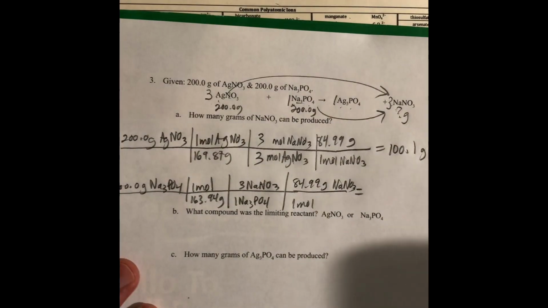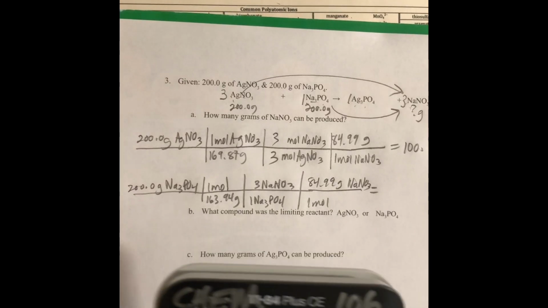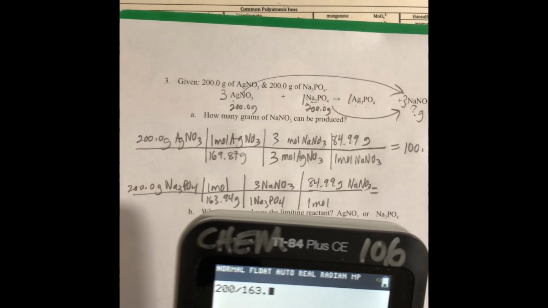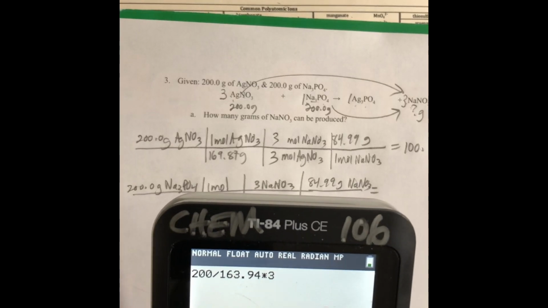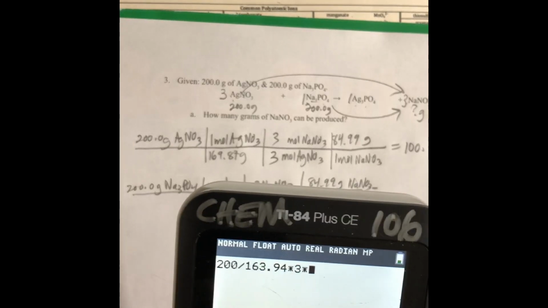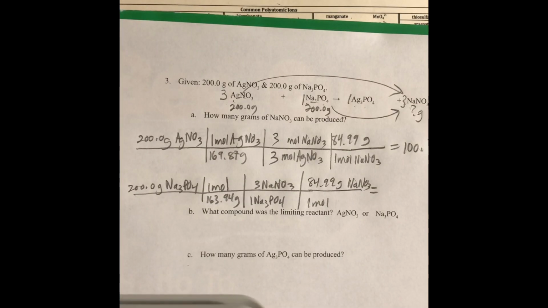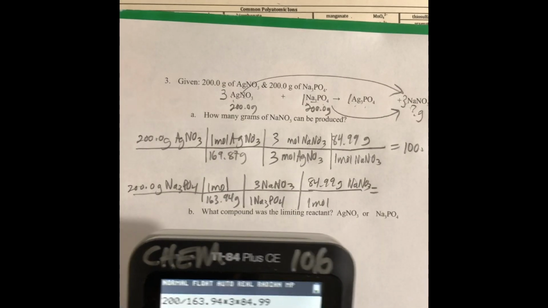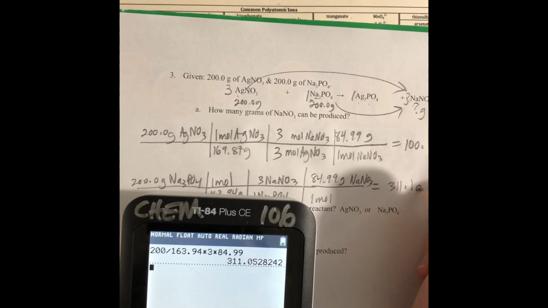Now we'll do a little bit of calculator work. So 200 divided by 163.94 times 3 divided by 1, which I'm ignoring, and then times 84.99. Did I plug that in there right? Looks like 311, and we have to do 4 sig figs, so 311.1 grams NaNO3.